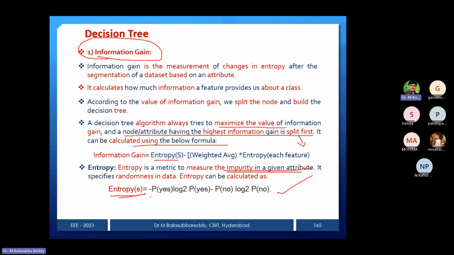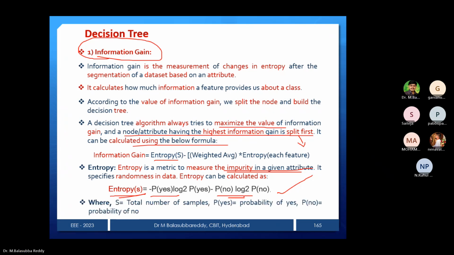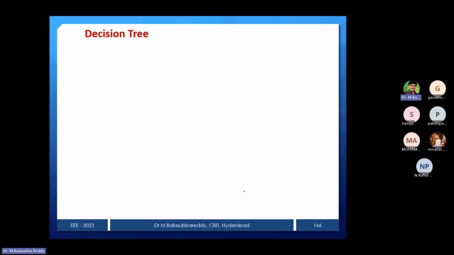Therefore entropy is minus P during the S condition and minus P during the no condition, one by one, where S is the total number of samples, P of S is the probability of S, and P of no is the probability of no. So this is the entropy. Based on the value of entropy, we can decide to find the impurity. That's what we can say.